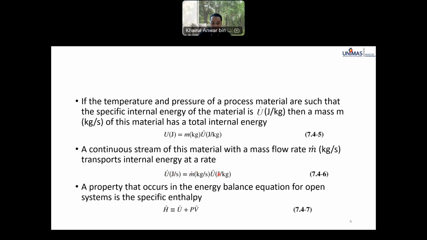Û is the specific internal energy, with units joule per kg.